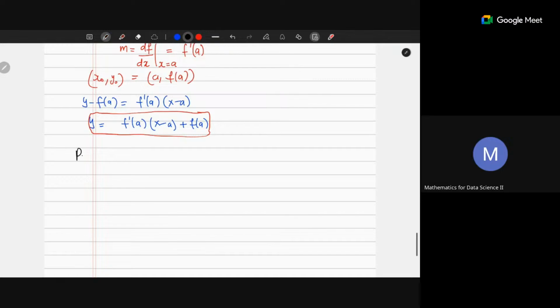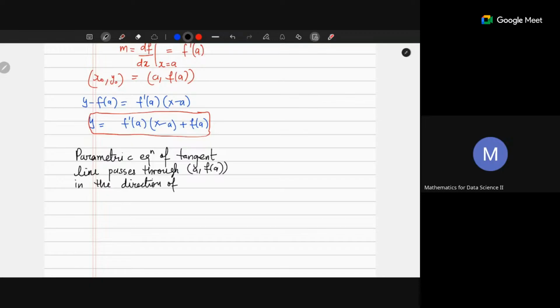So the parametric equation of the tangent line that passes through a comma f of a and in the direction of what?